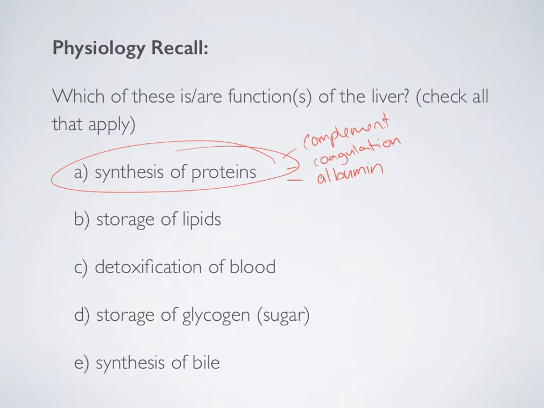So albumin is a protein found in the blood that serves as a carrier, largely for calcium, but also for hormones and a bunch of other things. It's the most prevalent protein in the blood, and it's the main source of osmotic pressure in the blood. So if you don't synthesize enough albumin, what do you think is going to happen?